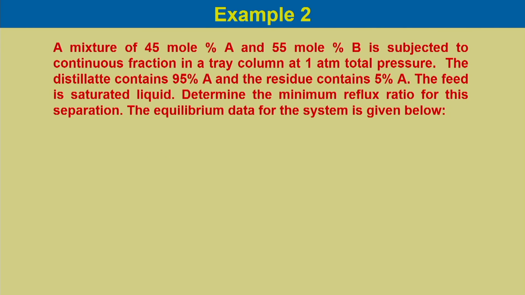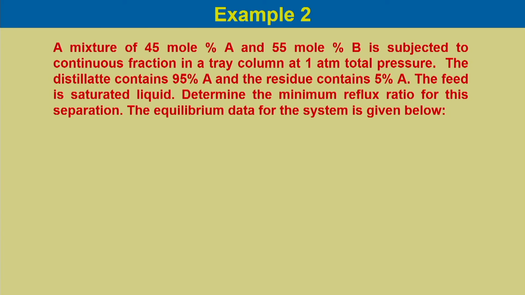Now, let us take an example, the same example as we have discussed before. A mixture of 45 mole percent A and 55 mole percent B is subjected to continuous fractionation in a tray column at 1 atmosphere total pressure.